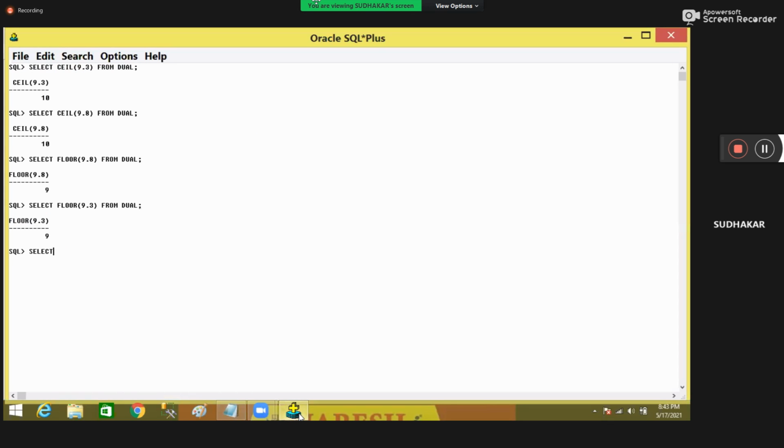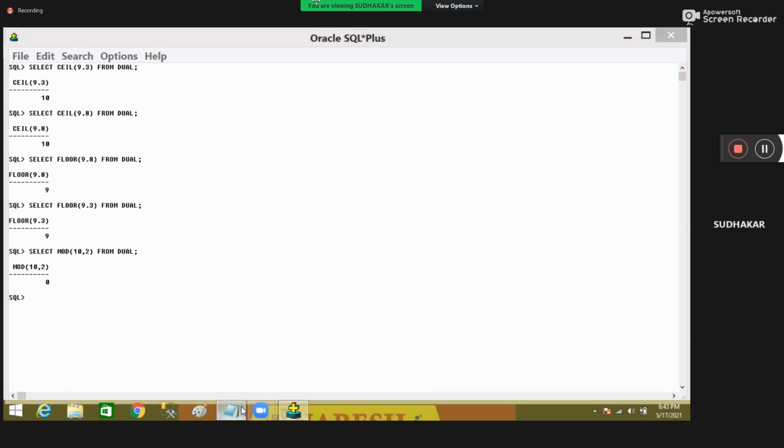For example, select mod of 10, 2. So for 10, 2, what is the remainder value? 0. The remainder value will be shown.